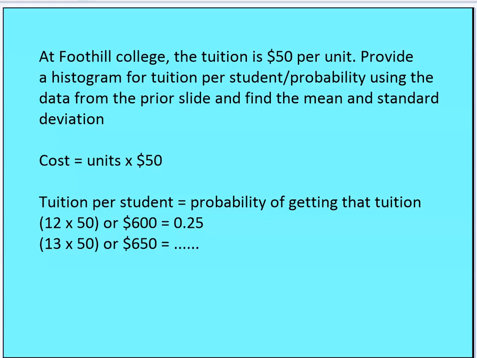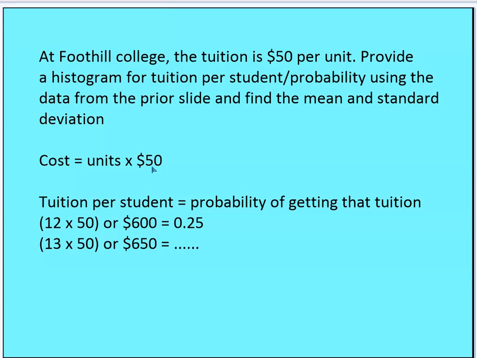All right, now at Foothill College, the tuition is $50 per unit. I'm going to provide a histogram for tuition per student and the probability using the data from our prior slide and find the mean and standard deviation. So the cost now is equal to the units times $50.